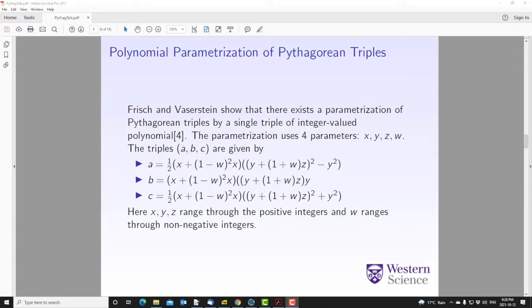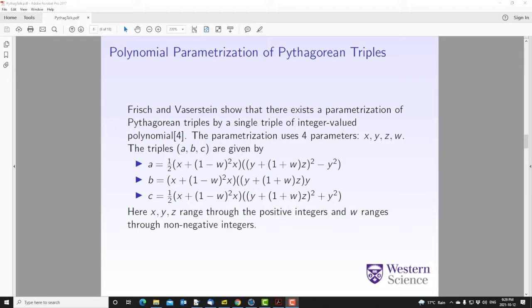Well, the obvious answer would be, we just reverse the order of the polynomial formula. So we just write 2mn, m squared minus n squared, m squared plus n squared. And they say, well, that is two separate methods of generating Pythagorean triples.